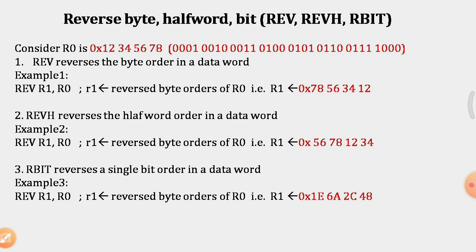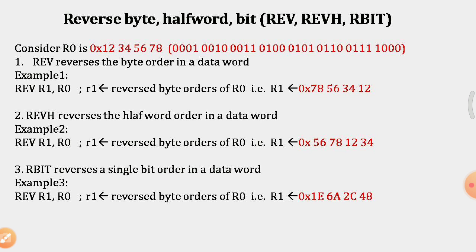Say for an example, the value of R0 is 12345678 hexadecimal number. So when we write REV R1 comma R0, then R1 will be loaded with the reversed byte orders of R0. That is, R1 will be loaded with 78, 56, 34, 12.